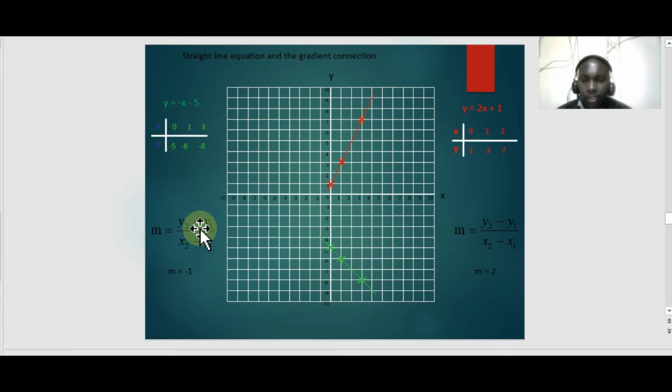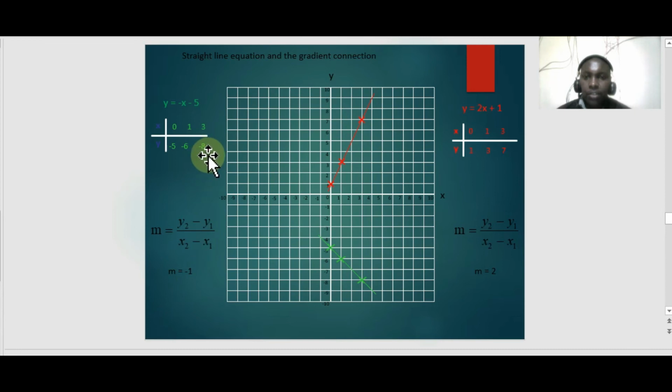So if you want to get the gradient of this line, just say negative 8 minus negative 6, this is the y coordinate, over the change in x, that is 3 minus 1, which will give us 2. Do the calculation very fast and you'll be able to get the answer.